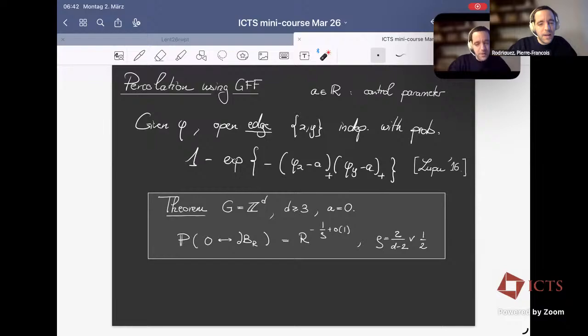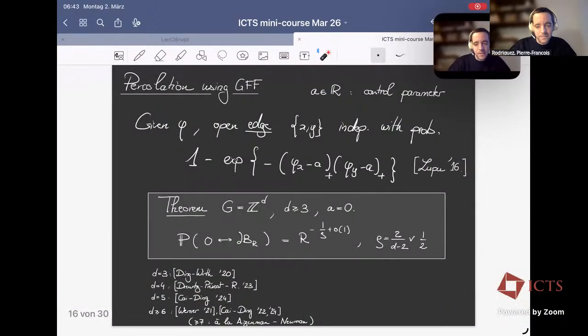Okay, so this is actually a very recent result, and there's a number of people who contributed to it. Let me briefly mention all the relevant contributions. In the form I've stated the theorem here, it was first proved in dimension 3 by Ding and Wirth, actually with a better error than a little o of 1.